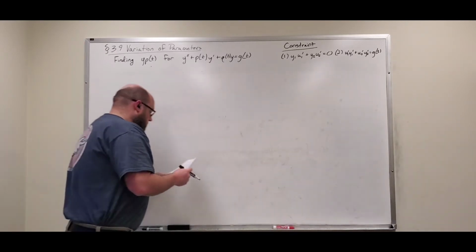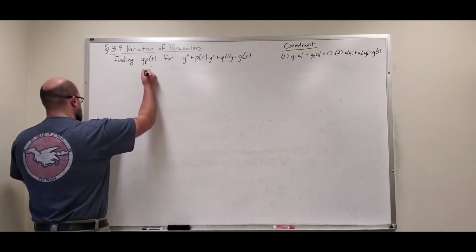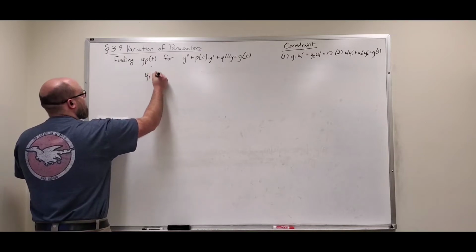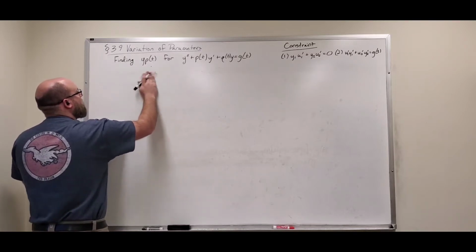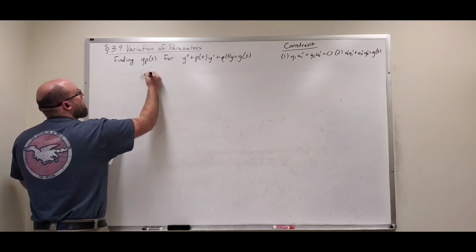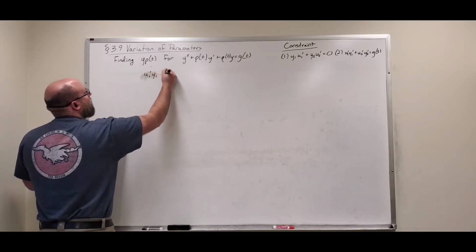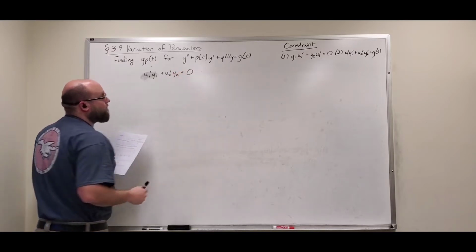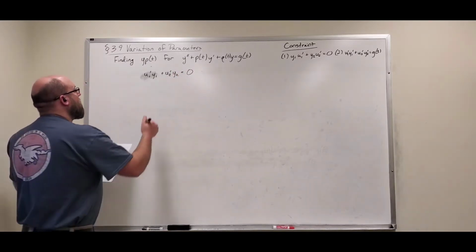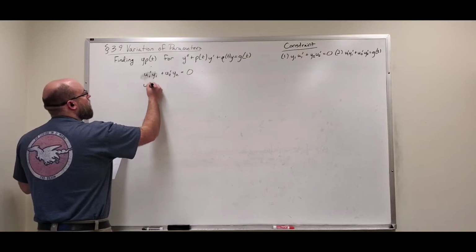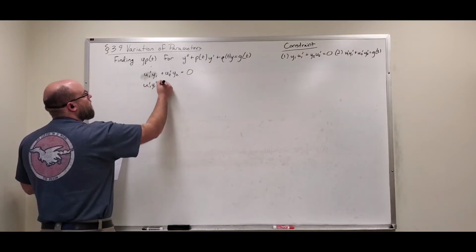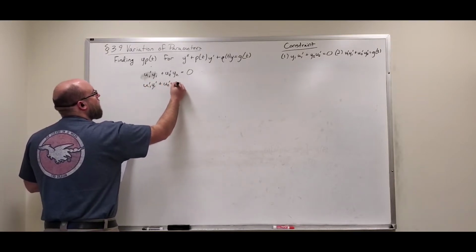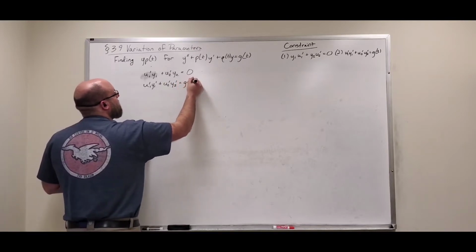Okay? So let me rewrite that. u1 prime y1 plus u2 prime y2 is equal to 0. That was our first constraint. And then we have u1 prime y1 prime plus u2 prime y2 prime is equal to g of t.